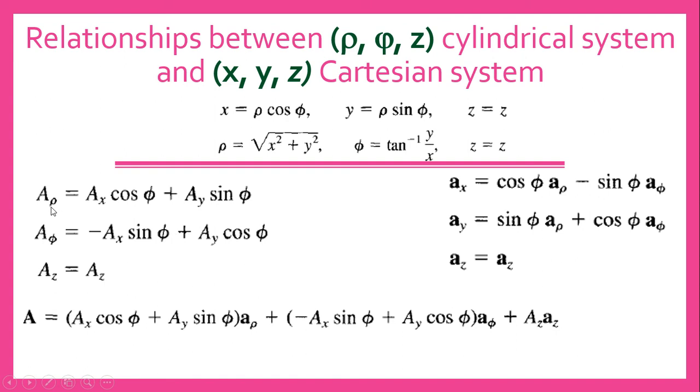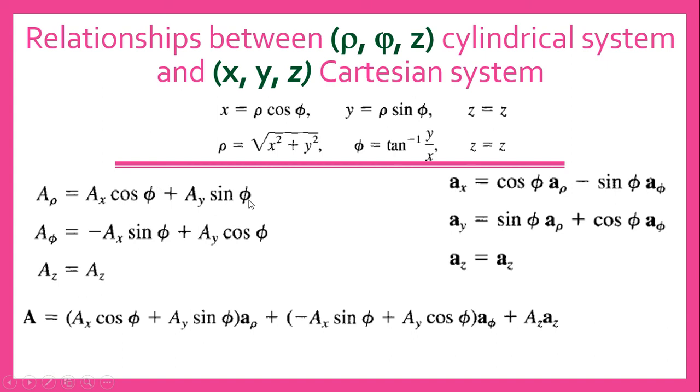For vector transformation, if you know the components of a vector in Cartesian coordinates, we can easily calculate them in cylindrical coordinates. So A rho equal to Ax cos phi plus Ay sin phi. Ax and Ay are taken from the vector.